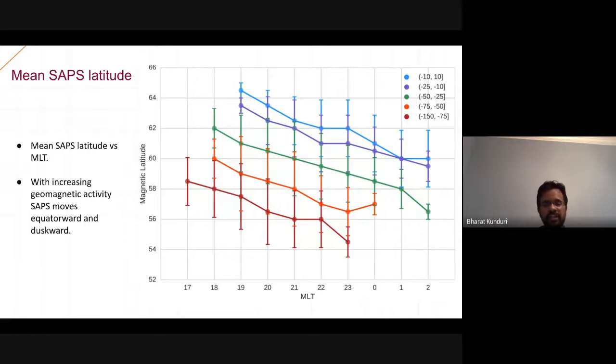It is probably that they're merging with the high latitude flows as you move more and more towards the dusk side, and it becomes a little difficult to distinguish between these flows. The confidence level is a little less for strong geomagnetic activity on the midnight side, but it gets a little better on the night side. But it's also likely that I'm just using 6 to 8 radars, and if there is a really elongated SAPS flow being observed by the Hokkaido radars, or maybe some of the newer Chinese radars, I might be missing those, and that might have some impact on the statistics that I show here.